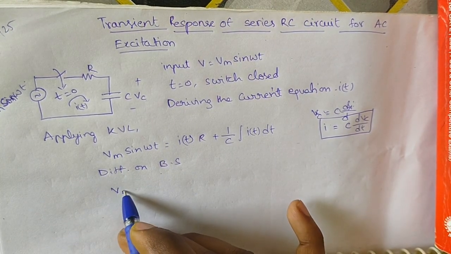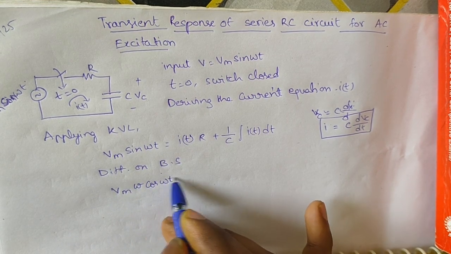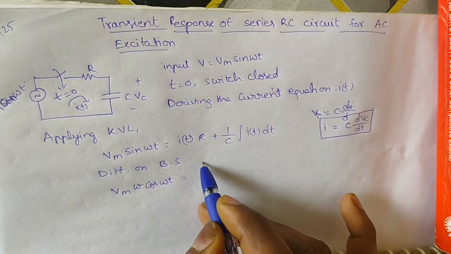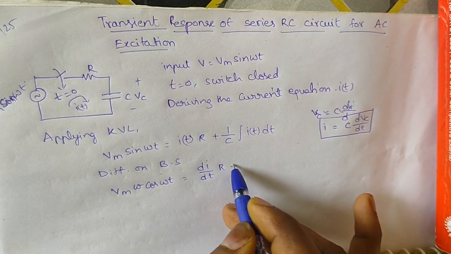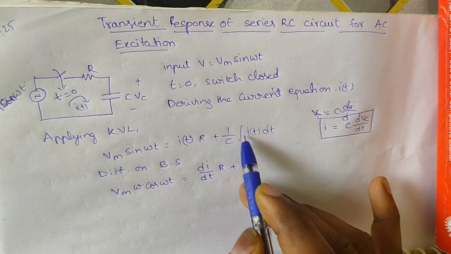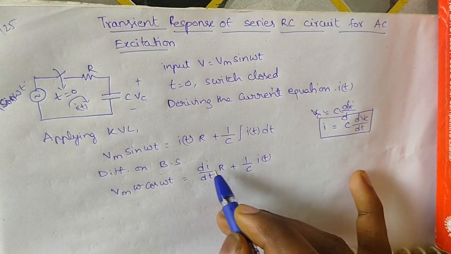So Vm omega cos omega t is equal to di by dt times R plus 1 by C. Integration and differentiation cancel out, so I of t.